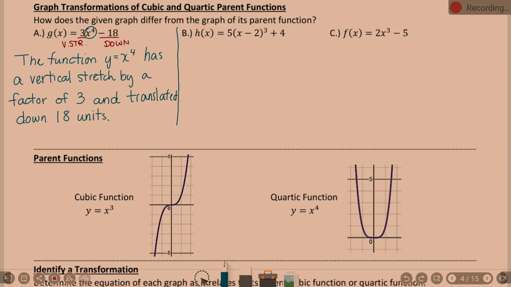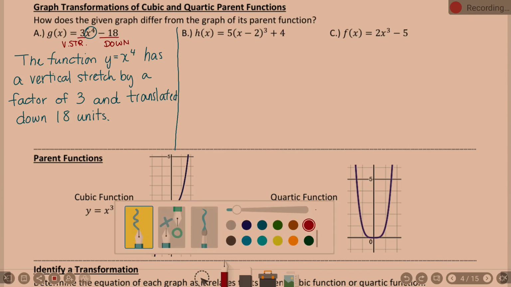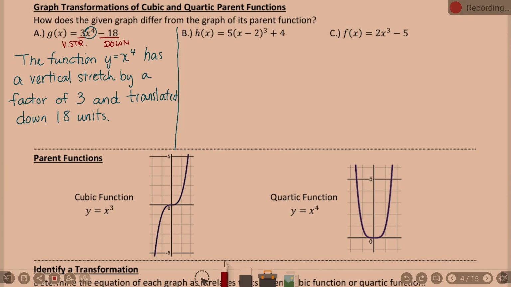Okay, so to me, I see 3 key things there. 1, I mentioned that it was x to the 4th. 2, I mentioned it was a vertical stretch by a factor of 3. And 3, we mentioned that it was translated down 18 units. 3 key things that I'm looking for there.